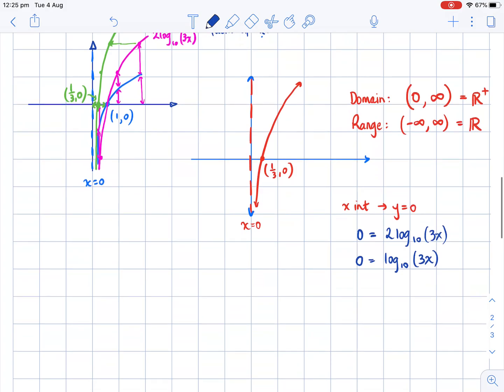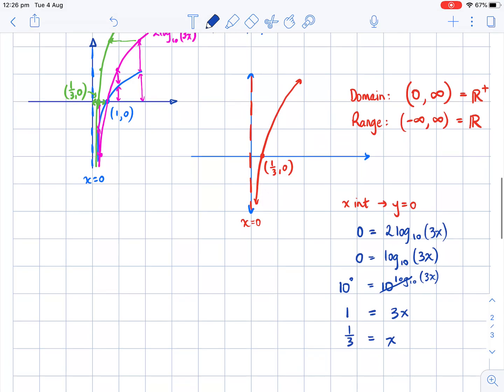Use the inverse of a log, which is an exponent, and I'm going to raise both sides to the base 10. On the left hand side, 10 to the power of 0 is 1, and on the right hand side, the 10 to the power of log 10, they cancel out because they're inverse operations. And then finally, I divide by 3, which gives x equals 1/3, and we've also proved that x-axis intercept.